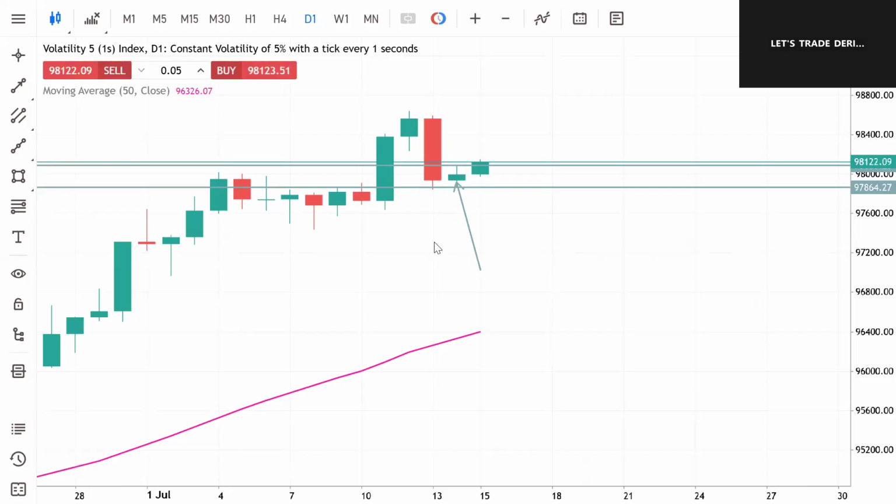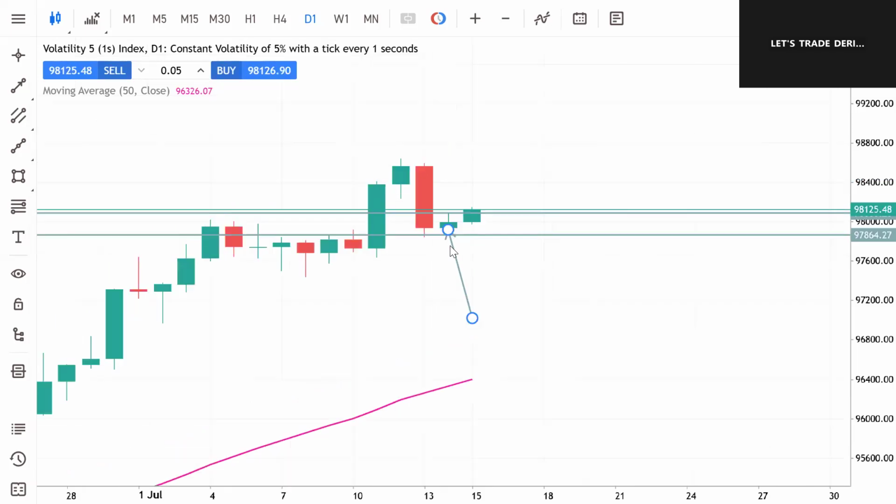This is an indecision candlestick, or we call it a morning star trying to form. If you have learned candlestick patterns, you can clearly see this is a morning star trying to form. And every time you see a morning star, that market is going to buy. The opposite of a morning star is the evening star.